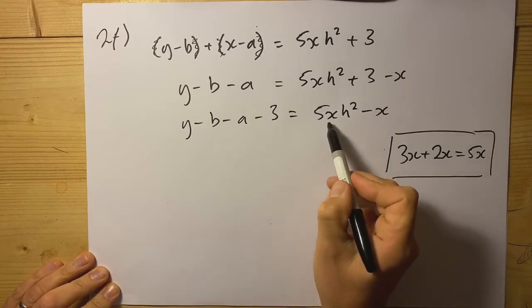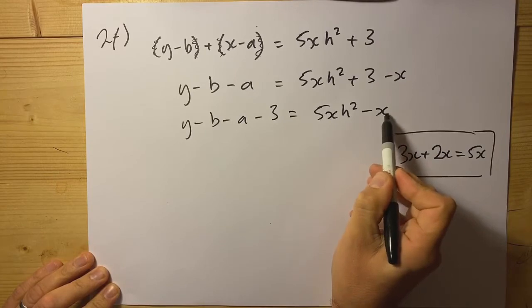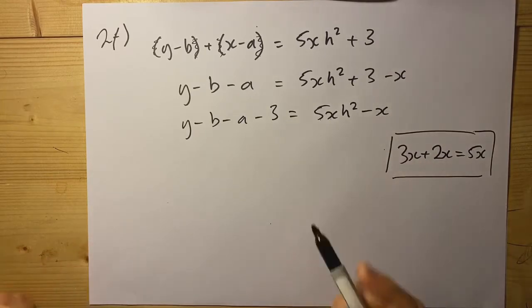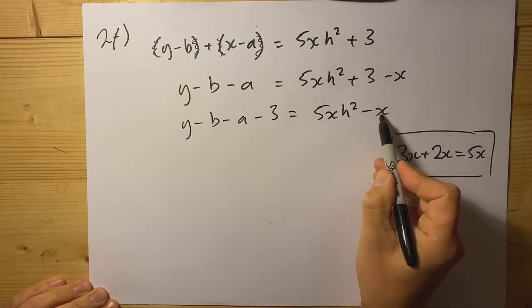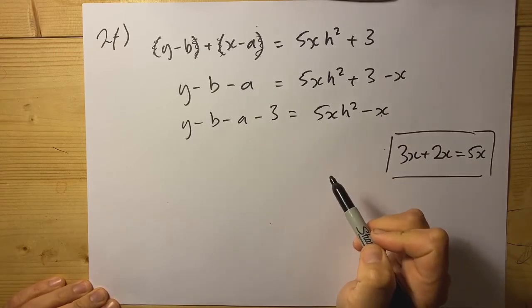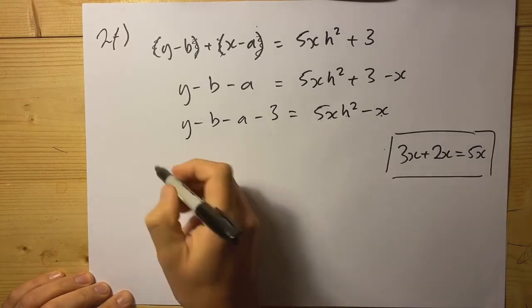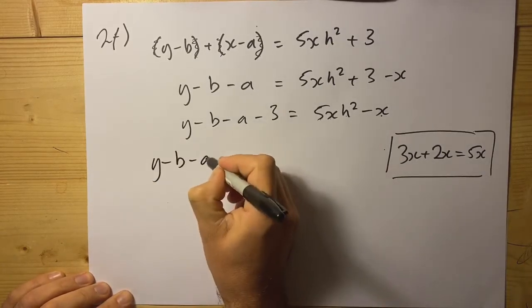But what we can see is that both of these terms, the 5x h squared and the x, are both multiples of x. This is 1 times x, this is 5h squared times x. So what we can do is something called factorization. Okay, so let's write this side out again here.